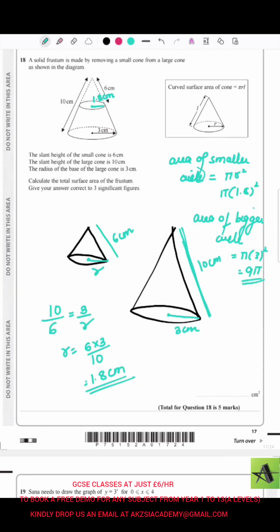Then finally the third surface, which is the curved one. If I calculate the curved surface of this cone, and subtract the curved surface of this smaller cone, which is here, then obviously this would be my remaining part.